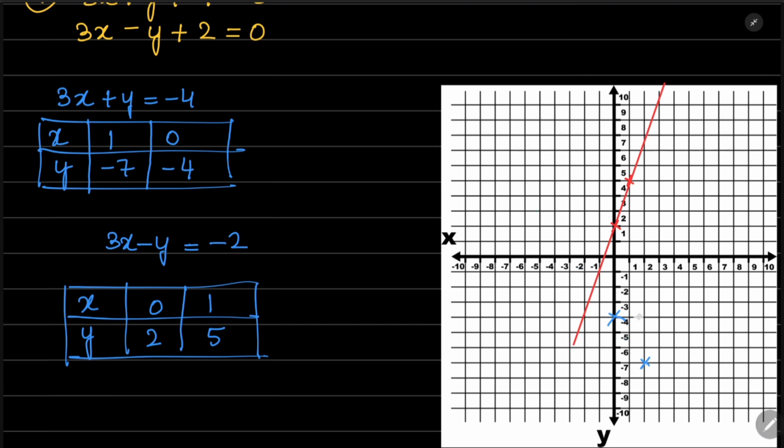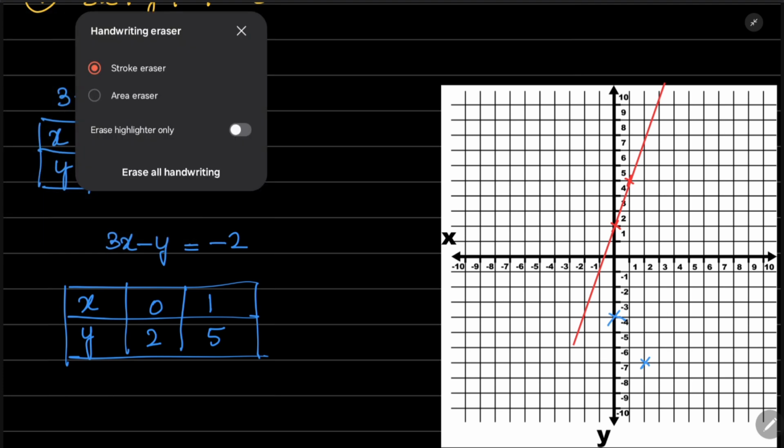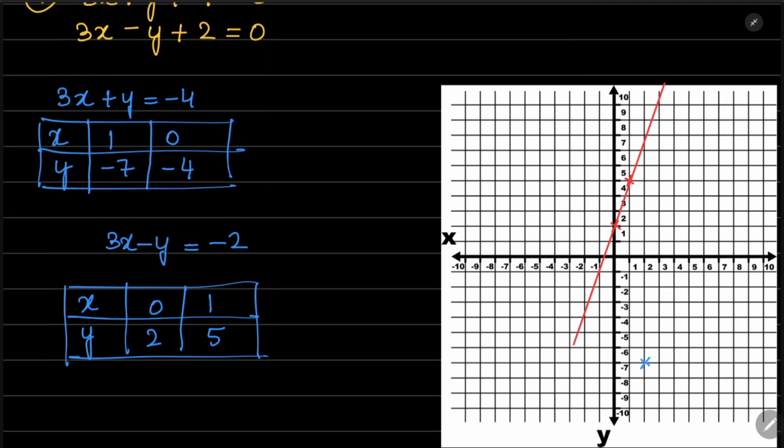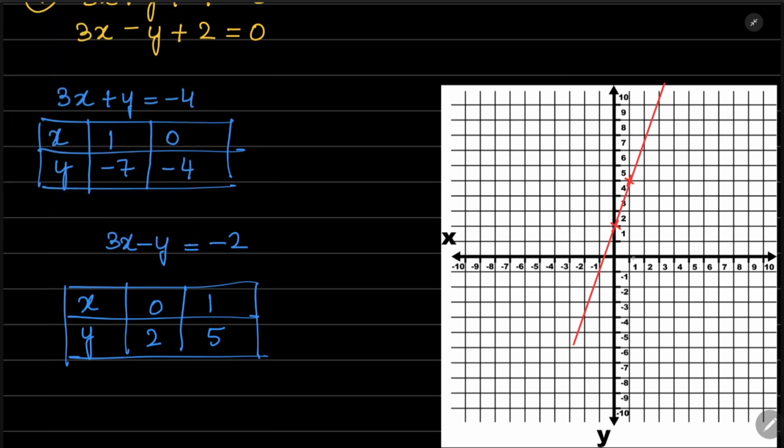What is the first point? 1 comma minus 7. So 1 comma minus 7 is here. And then 0 comma minus 4 is here. So let's go ahead and draw it.